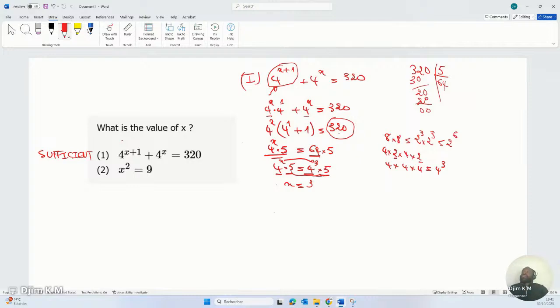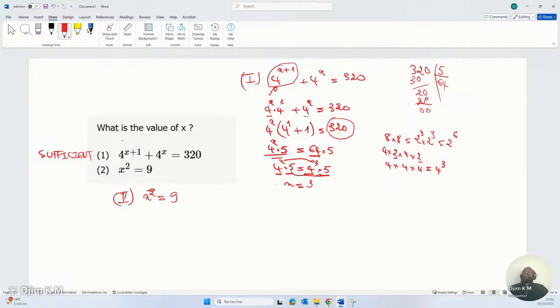So the second condition says that x squared is equal to 9. How can we find the value of x?